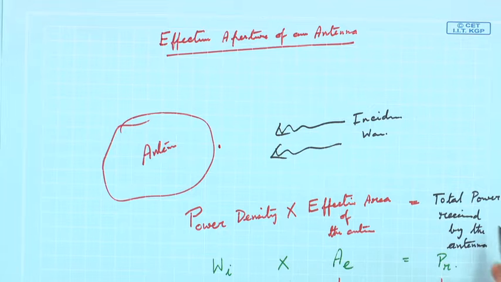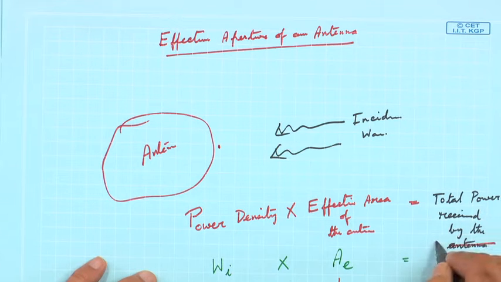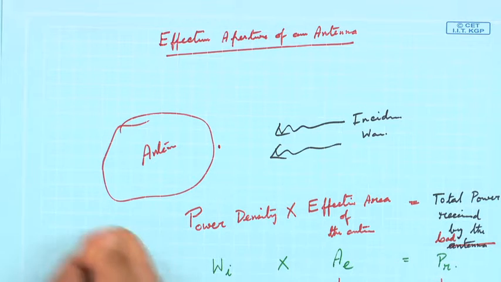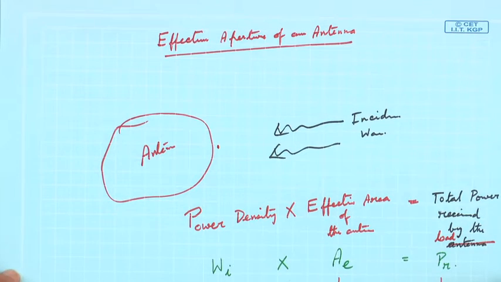Ultimately the antenna will be connected to a load, and I cannot measure the power received by the antenna directly, but we can measure it across a load. So better we correct it: the total power received by the load, or delivered to the load.